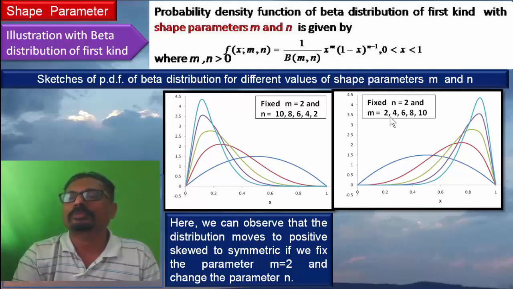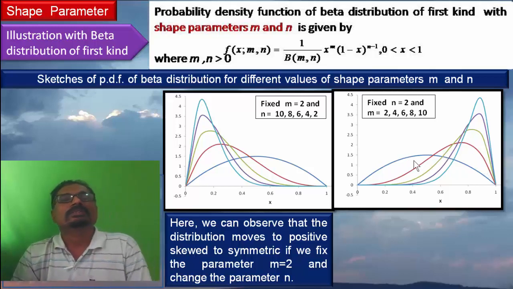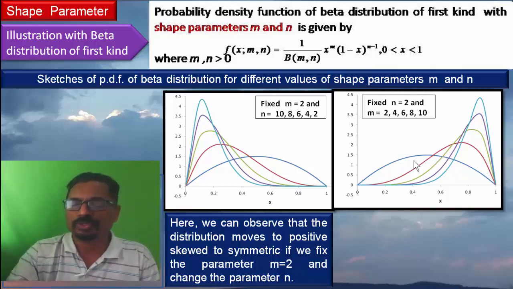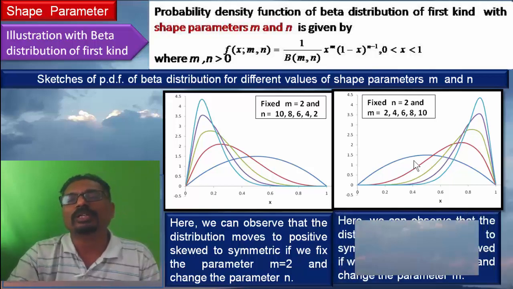We take the values of m as 2, 4, 6 in this way. If m is equal to n, this is symmetric, and if m increases, the distribution goes from symmetric to negatively skewed. This is the effect of the shape parameter on the distribution. It changes the shape of the distribution.